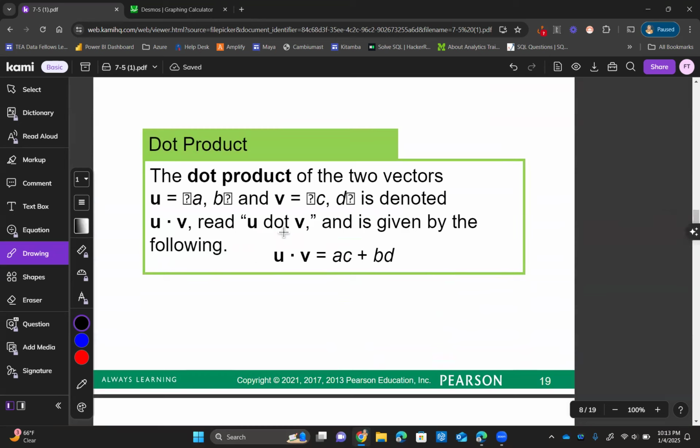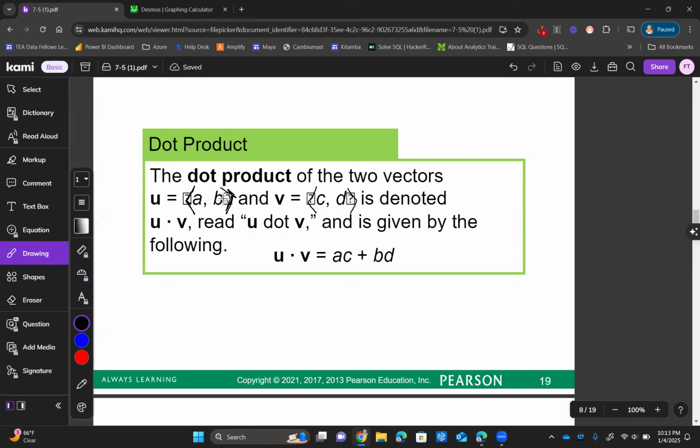Another important objective for vectors is something called dot product. We can calculate the dot product of 2 vectors. Let's say the first vector, vector u, is expressed as a comma b, its horizontal component and its vertical component. And the second vector is vector v. Its first component is c, and the second component is d.